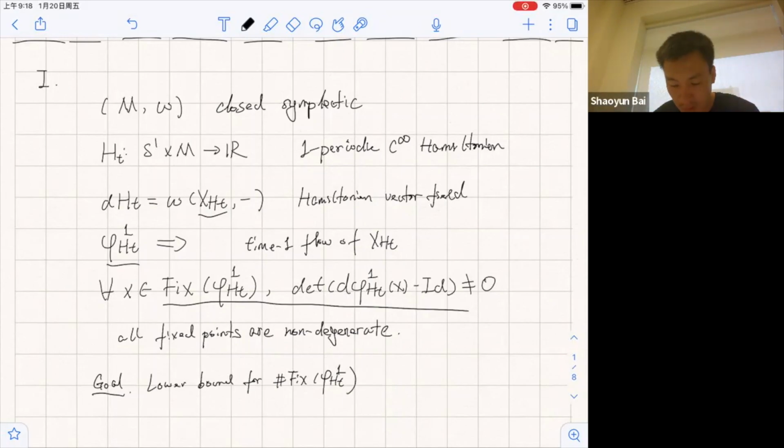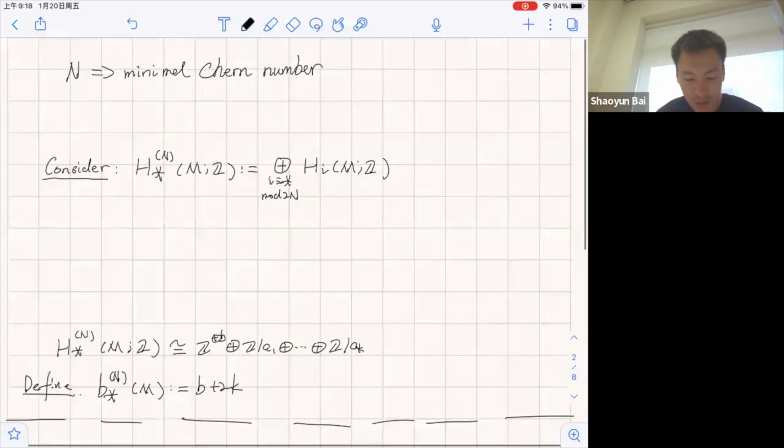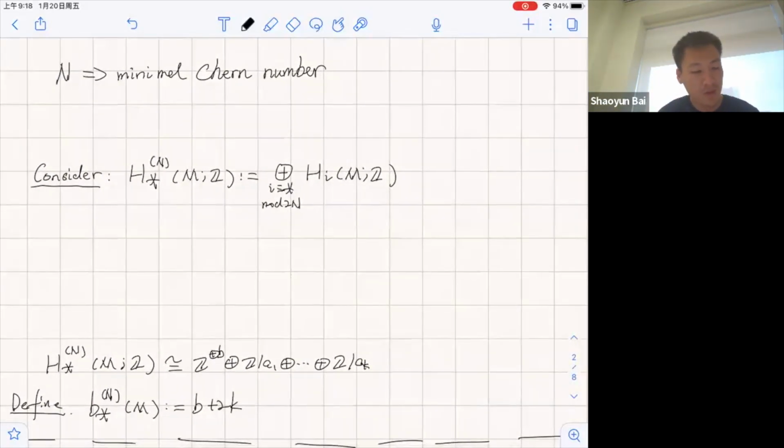Okay, so let me introduce some other notions before I state the result. Let me use the number n to denote the minimal Chern number of our symplectic manifold.